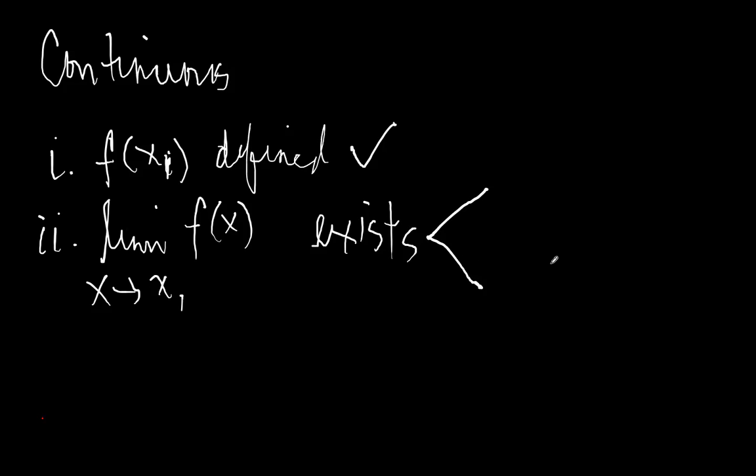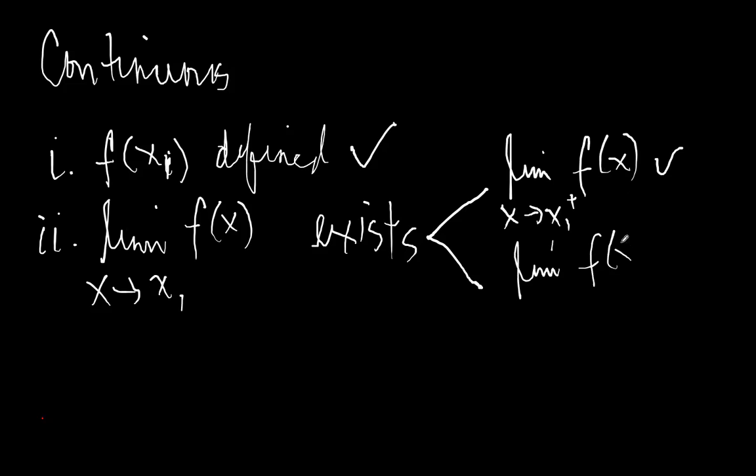Of course, based on the definition and properties of limits, the limit of f of x as x approaches x sub 1 from the right should exist, and the limit of f of x as x approaches x sub 1 from the left should exist, and at the same time, they should be equal, okay? So existence alone is not a valid reason for the limit to exist; they should be equal in value.